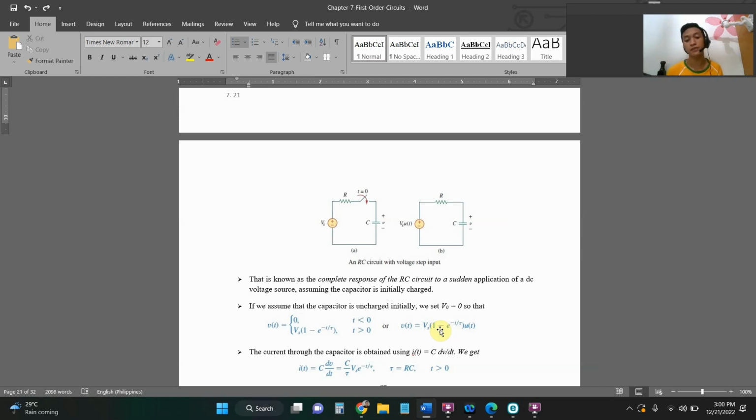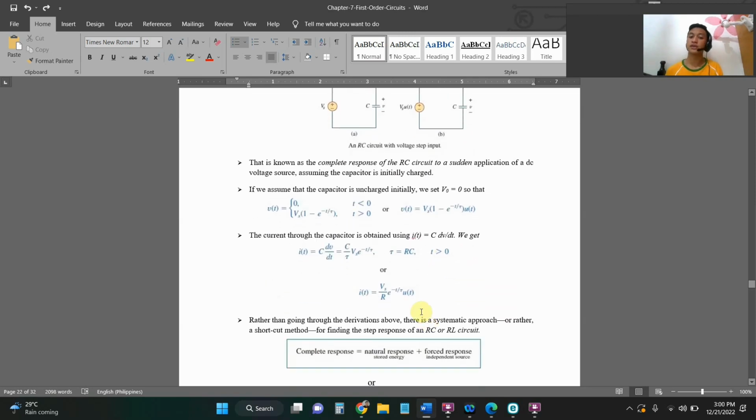And if the time is greater than 0, v(t) is equal to Vx multiplied by 1 minus e raised to negative t divided by tau.